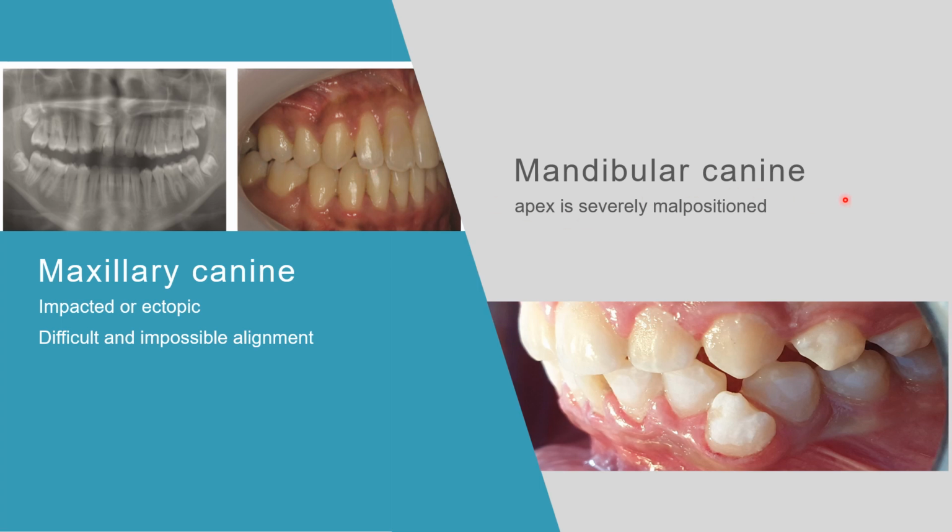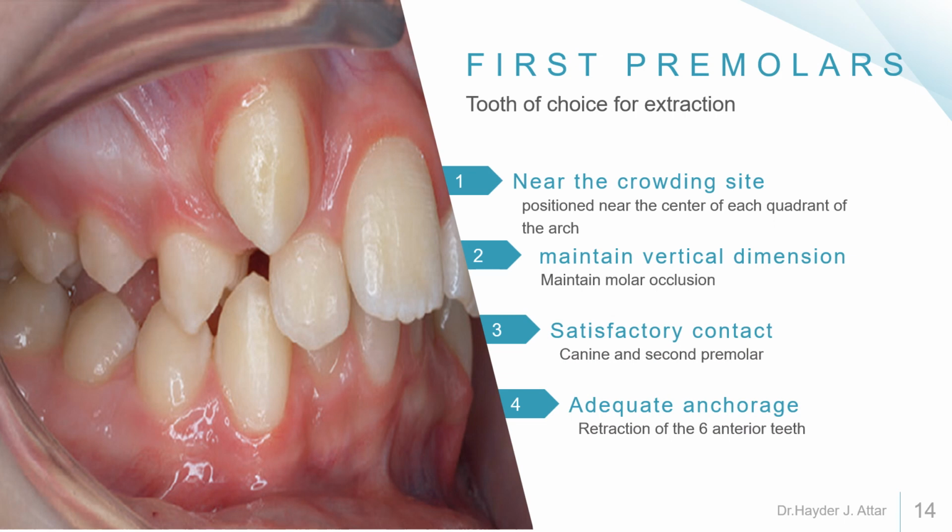For the mandibular canine, it is extracted when the apex of the canine is severely malposed out of the arch and is difficult to align.